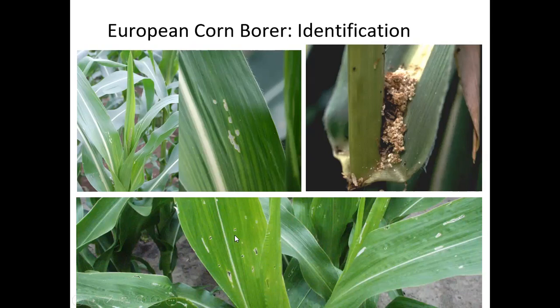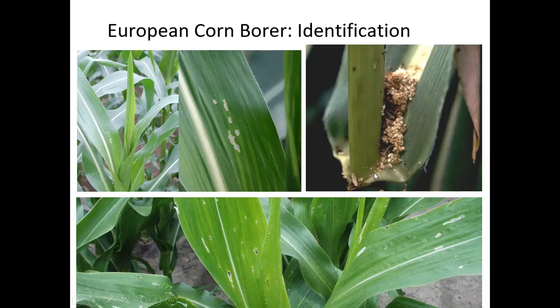As they continue to develop and get larger jaws in the second instar, they'll start to actually make holes in the leaves. What they will typically do, when the leaf is wrapped up inside the whorl, is drill a hole straight through that leaf. And when the leaf unwraps, you'll end up with these lines of holes where that drill hole had been made in the curled up leaf.